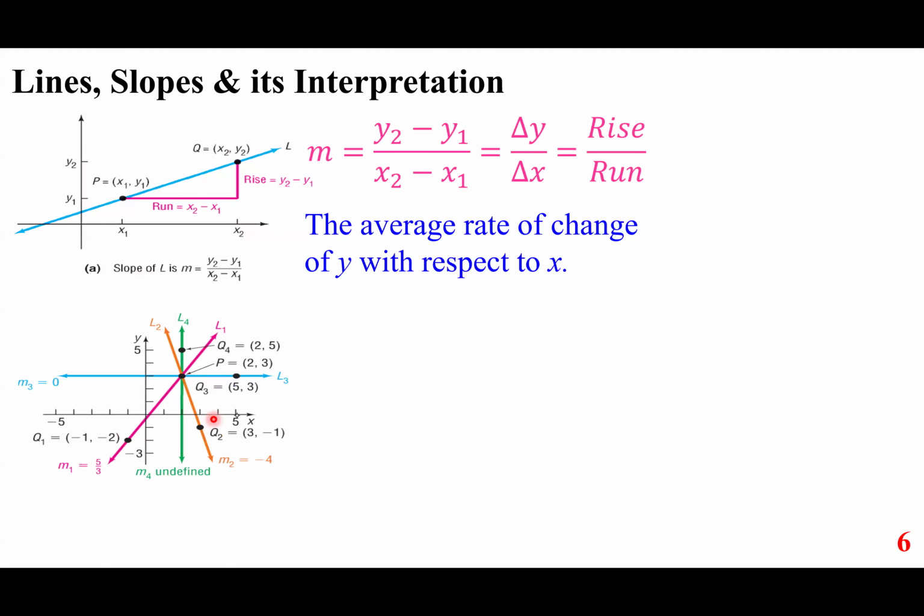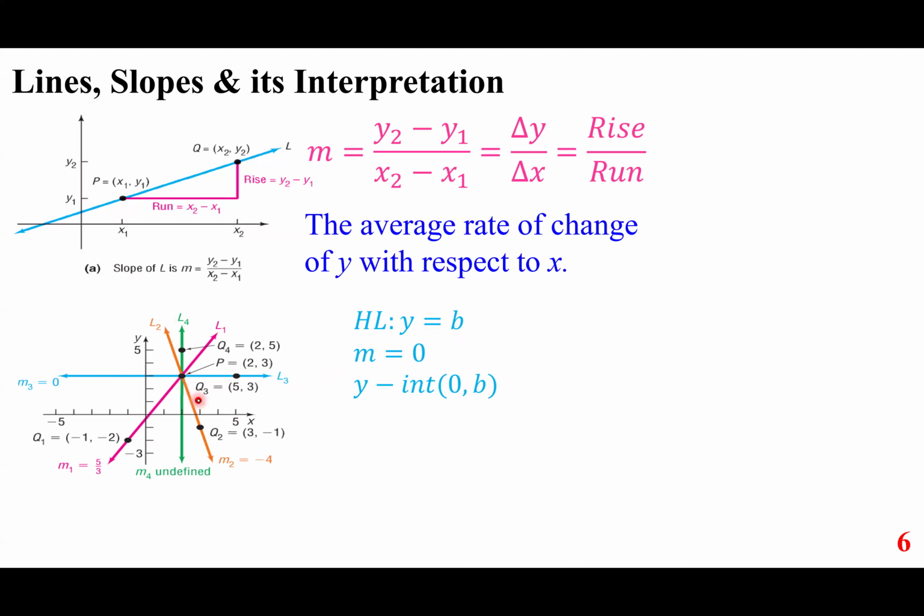As we look at these various lines, this is a horizontal line. A horizontal line has an equation y equals b. The slope of any horizontal line is 0. The y-intercept is 0, b.